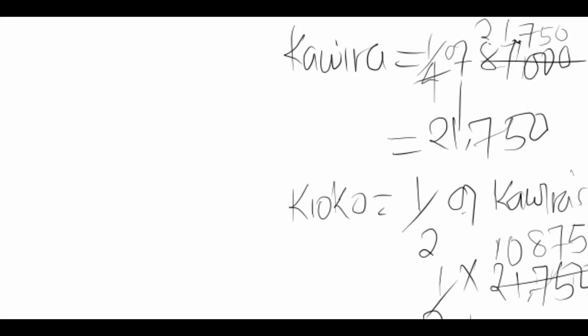This will give us 5 plus 5 is 10, carry 1, 5 plus 7 is 12, carry 1, 7 plus 1 is 8, plus 8 is 16, carry 1, then 2 plus 1 is 3. So we have 32,625.